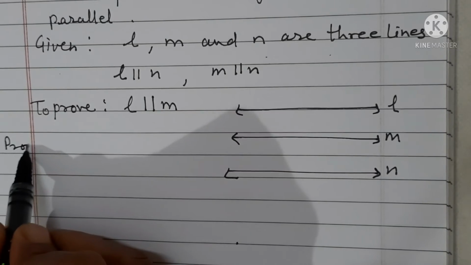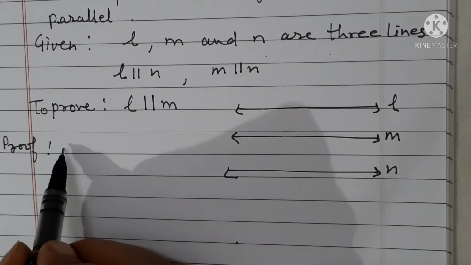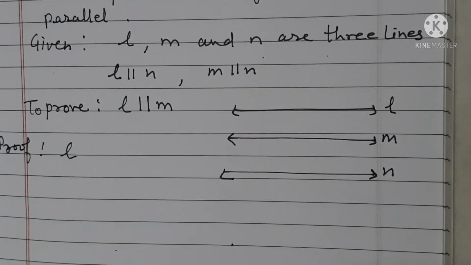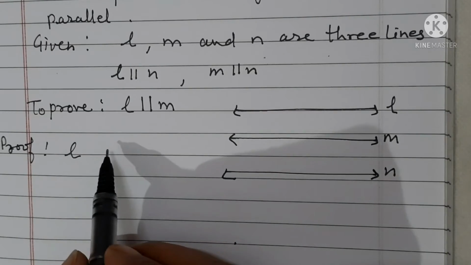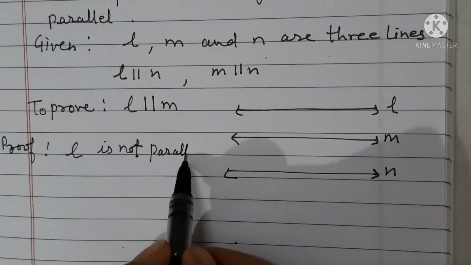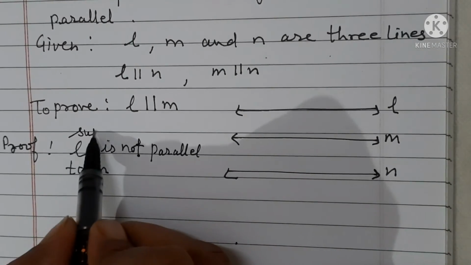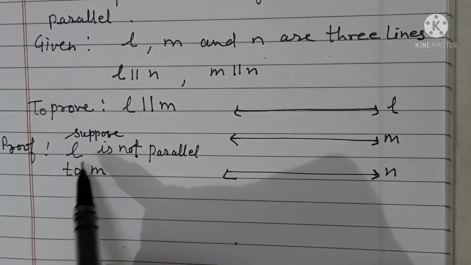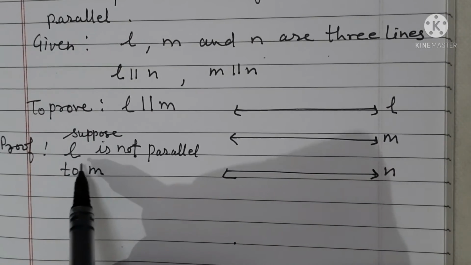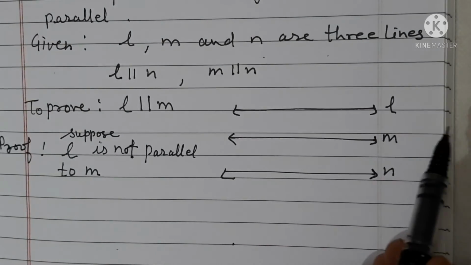Proof. Suppose we take L is not parallel to M. We have to prove L is parallel to M, but we are assuming it is not parallel to M. It means these two lines intersect somewhere when we extend them.